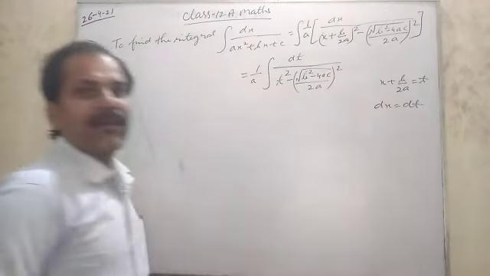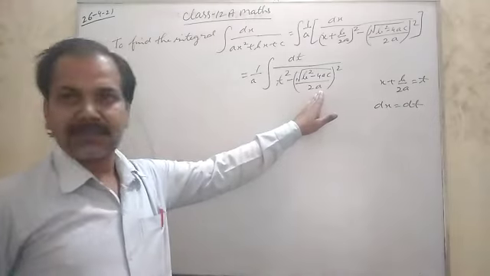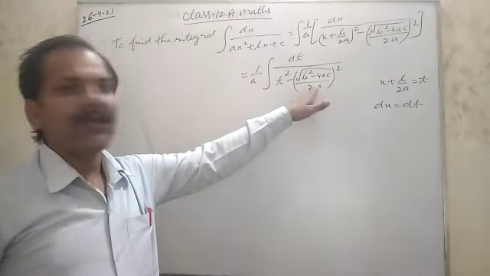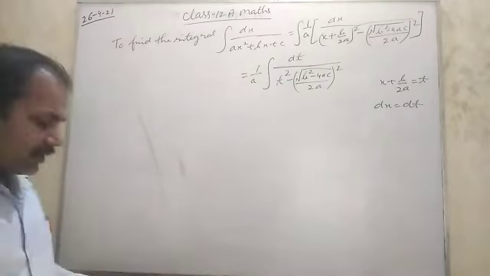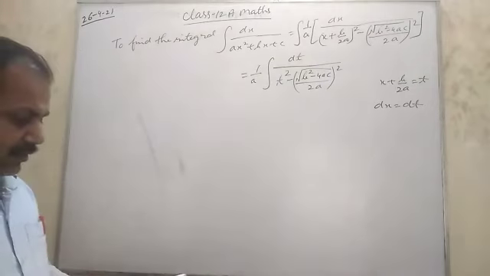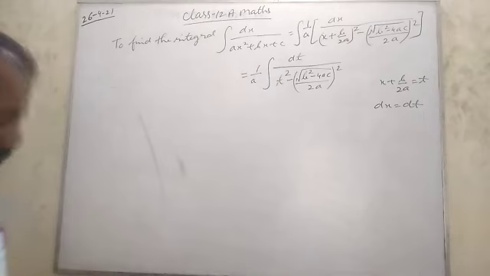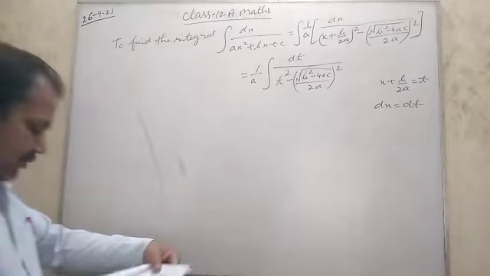So now apply the formula. This is a constant. So capital A you can suppose, so t square minus a square. So for that, which formula? Formula 1, dx upon x square minus a square. So what will it be?